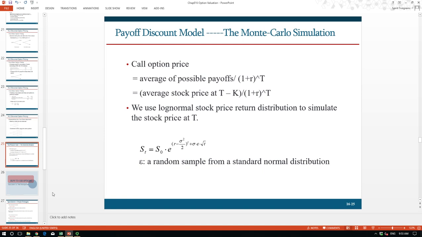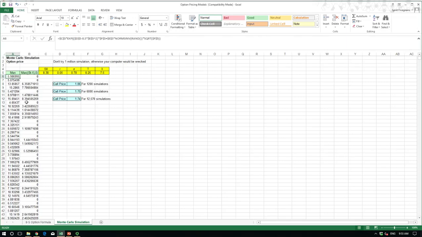Let's take a look at how we can do this in the spreadsheet. We can put the simulation formula of the stock price here. Every time it will generate a random term based on the normal distribution.